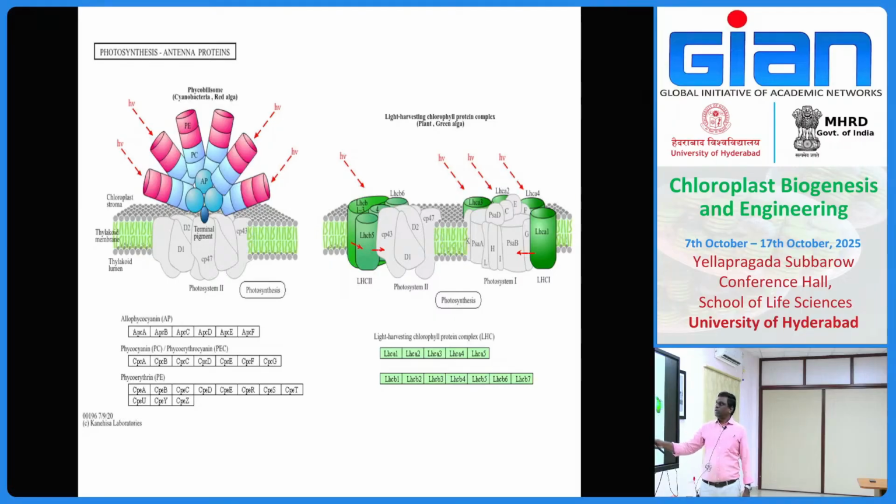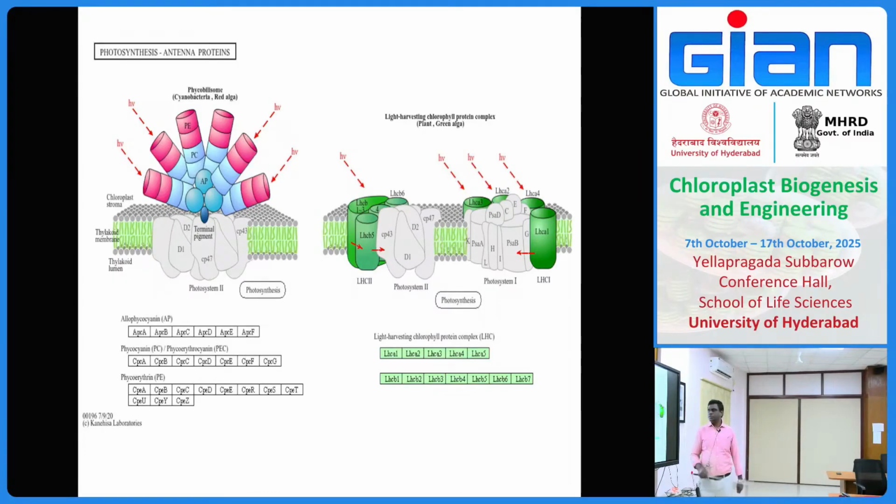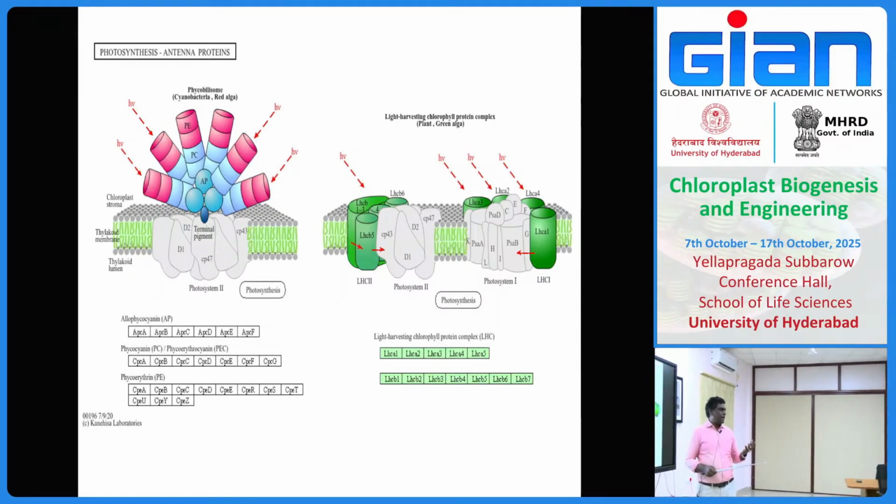Then we also discussed last time, we have core complexes called the reaction center, and they have D1, D2, CP43, CP47. In algae or any photosynthetic organisms, light will be harvested and absorbed by light harvesting complexes.